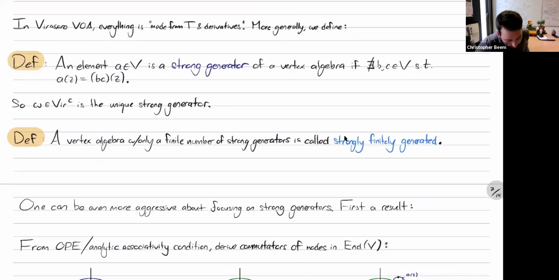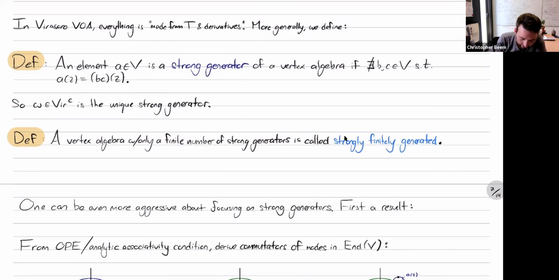So reflecting on this example, in the Virasoro vertex algebra, everything is made from this operator T and its derivatives via normally ordered products. And so we only needed to check one thing in order to verify the axioms. We can abstract from this a little bit.